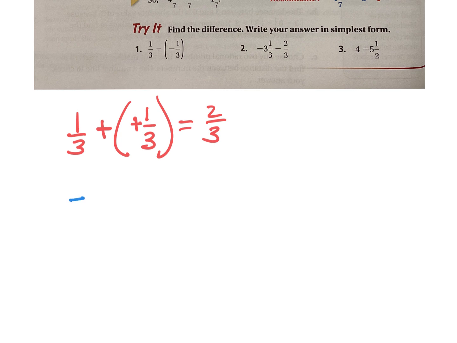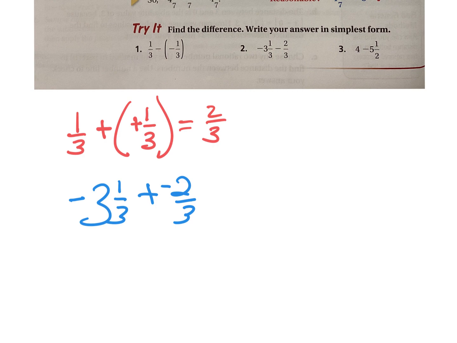Negative 3 and 1/3 minus 2/3. I wrote that wrong at first. I'm subtracting, and when I subtract, I want to change that to adding, so I add the opposite. Now I have negative 3 and 1/3 plus negative 2/3.